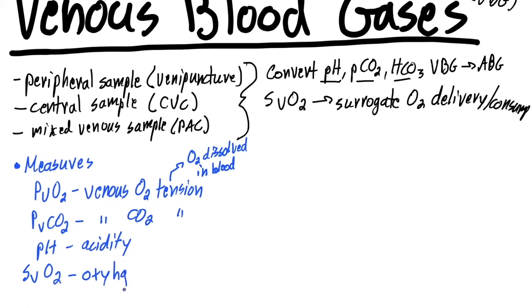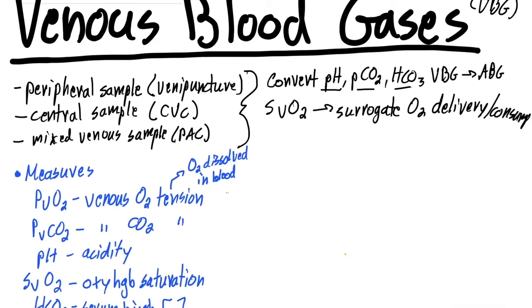Sorry about that. So this is the amount of oxygen actually attached to the hemoglobin, right? Not just the oxygen dissolved in the blood. And then it measures the HCO3, which is the serum bicarb concentration, which I tend to write with brackets for concentration.